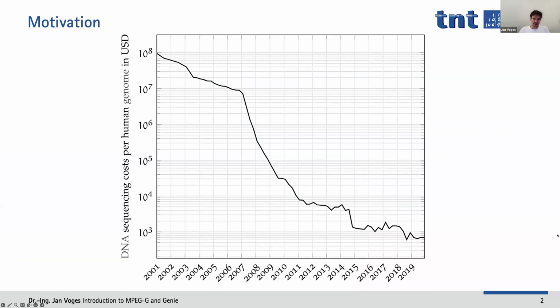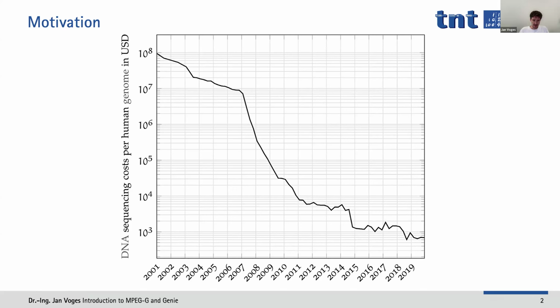So here's a slide on the motivation for this international standard. The story goes as follows. You see here the DNA sequencing costs per human genome in US dollars, going from the year 2001 up until recently. This is a couple of years ago already, but the numbers did not change much. And you see it's a logarithmic scale.